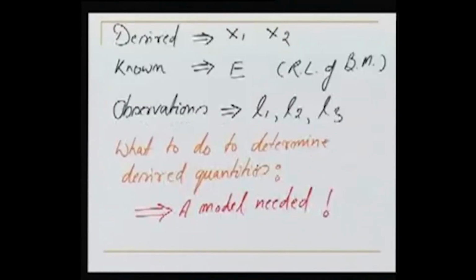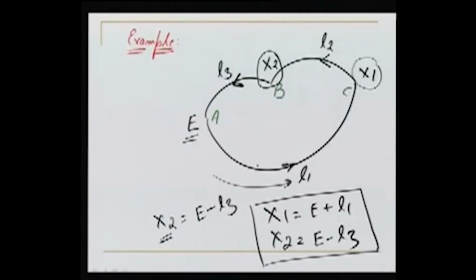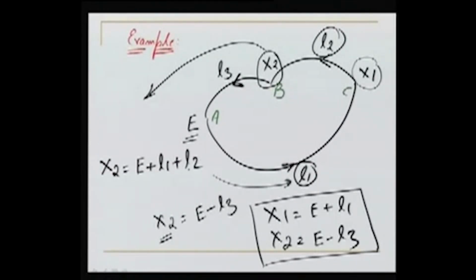Now what is this? x2 can also be determined as E plus L1 plus this observation here, L2. Alright, one more way of determining the x2. Now we have a model, and this is the model which defines this entire set of observations, and using this model we can determine x1 and x2.